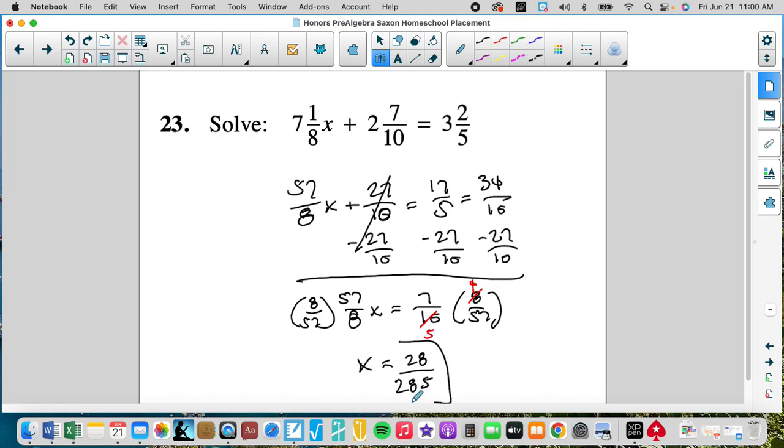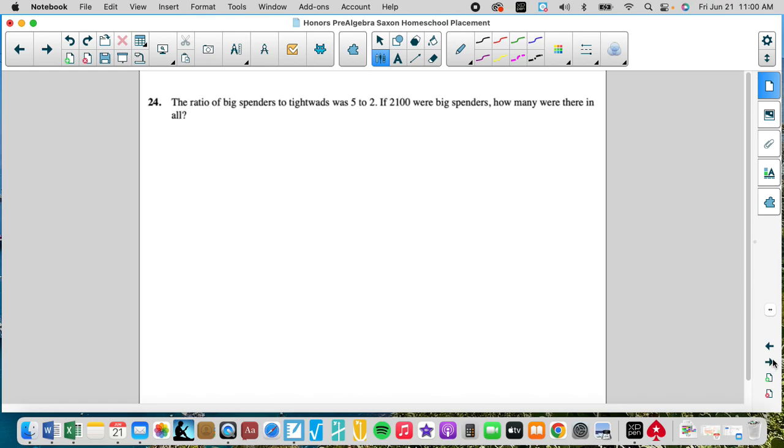And I know that that can't be reduced because there were no common factors here. 57 is not a prime number, so 7 doesn't go into that. And so that is simplified. There's no other reducing we can do here, so we just multiply across, and we know that this fraction is in its lowest terms. Okay, that's how we are going to be efficient and know when we're done.